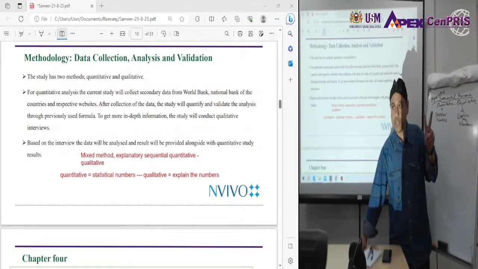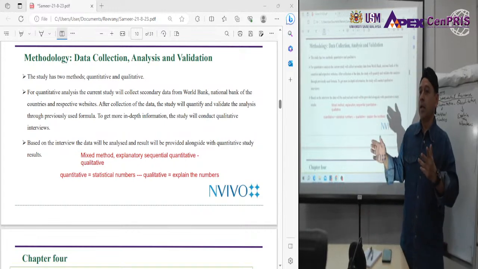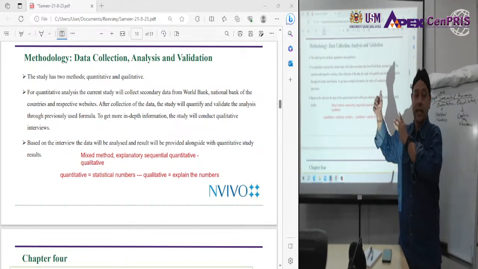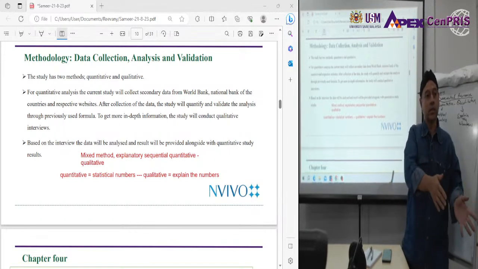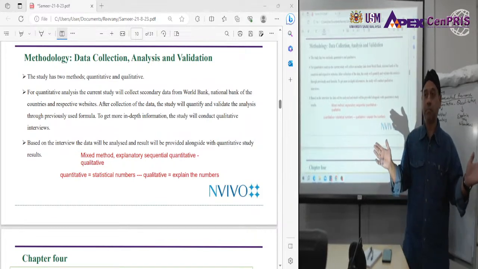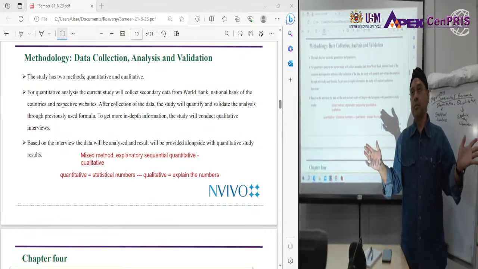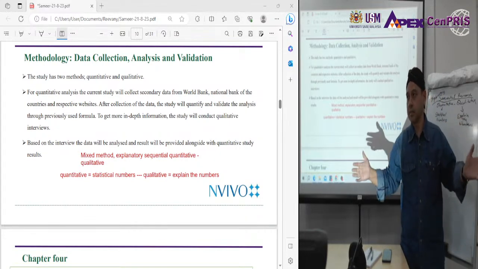We have two types of data, quantitative and qualitative. A lot of researchers and academics out there do not understand both. If they do quantitative, they only do quantitative; if they do qualitative, they only do qualitative. Many do not understand.